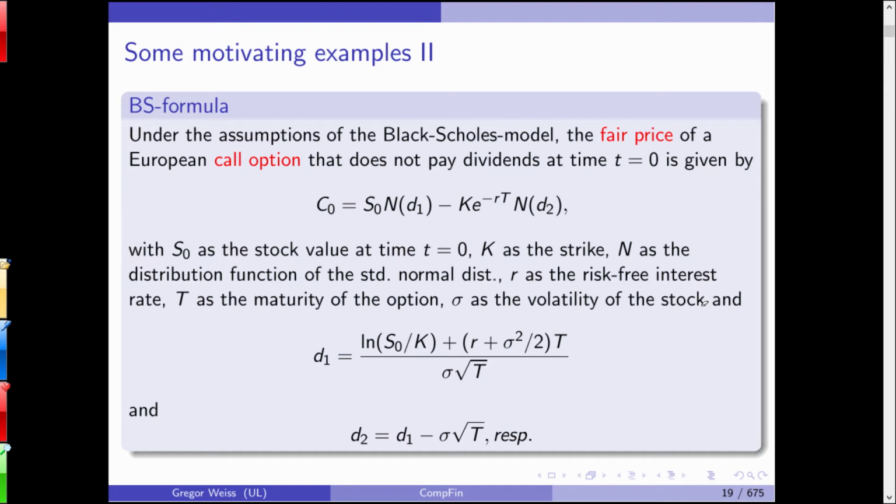And D1 and D2 especially have what as additional parameters? Maturity and the volatility sigma of the underlying.